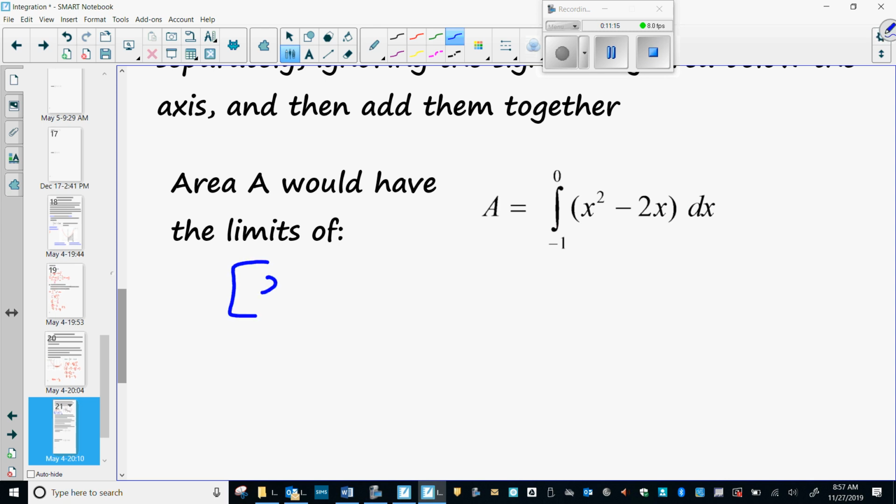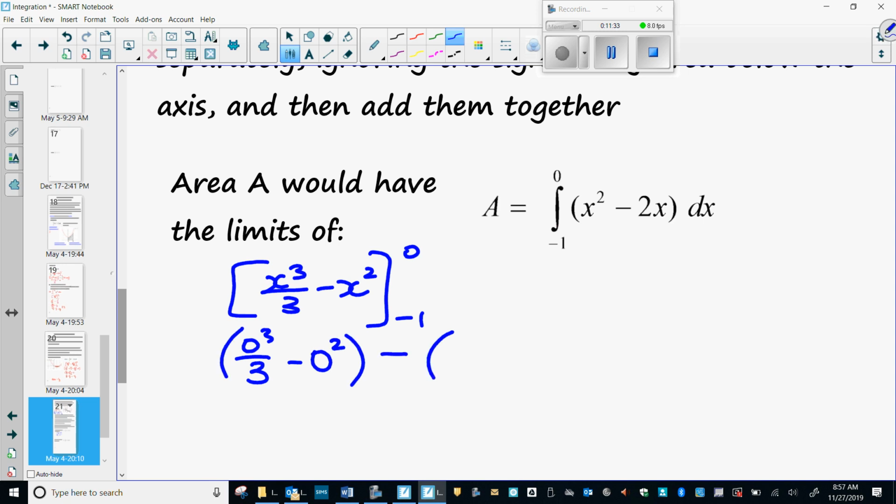So, x cubed over 3 minus x squared. I'm just going to write it because I know that's what it simplifies to, yes? So we've got 0, negative 1. So 0 cubed over 3, subtract 0 squared, subtract negative 1 cubed over 3, subtract negative 1 squared.